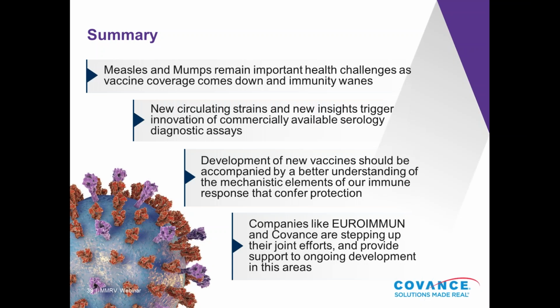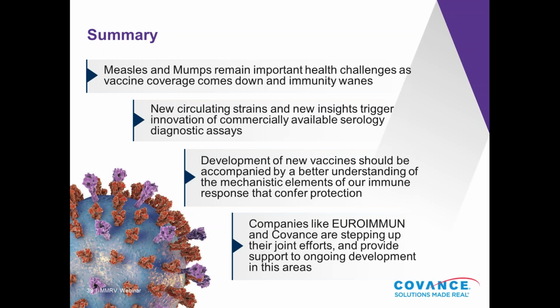In summary, measles and mumps remain extremely important health challenges, especially when vaccine coverage comes down and immunity wanes with time. The new circulating strains, the variability, and the new insights that we are finding trigger innovation of commercially available serology diagnostic assays.